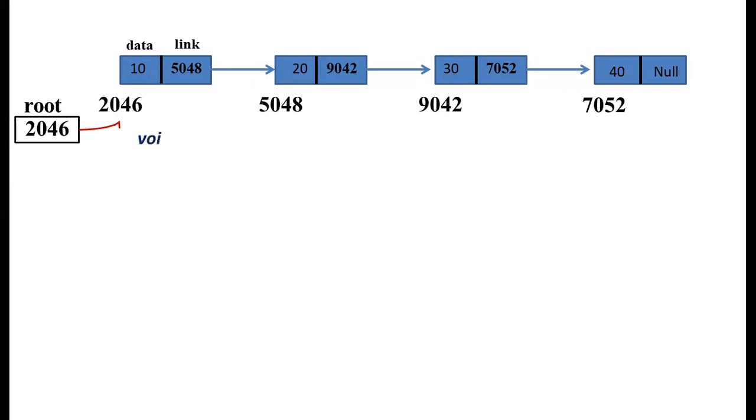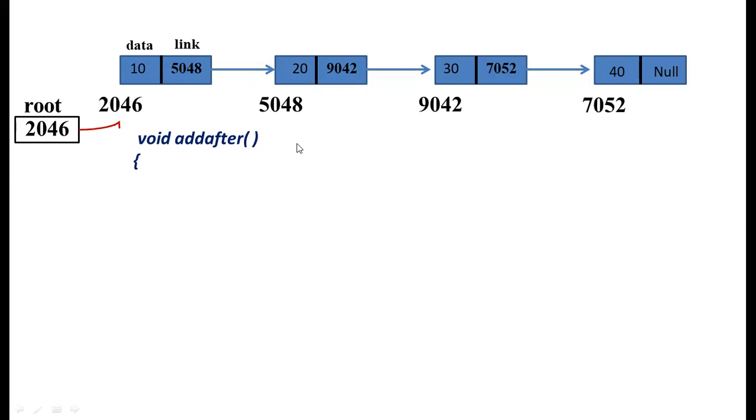So here the function name we are writing is void add after. We have to add the node after a specific location. So the function name is not our interest. It is a user defined function, so we can give any name to this particular function. This function name can be anything.